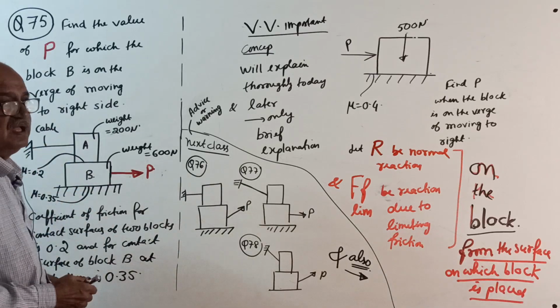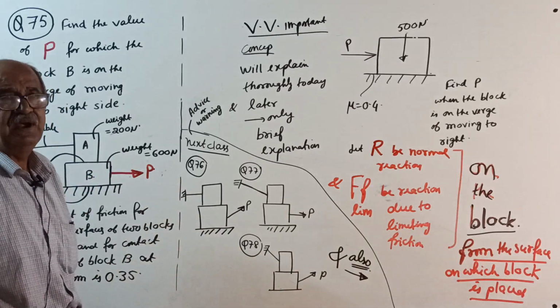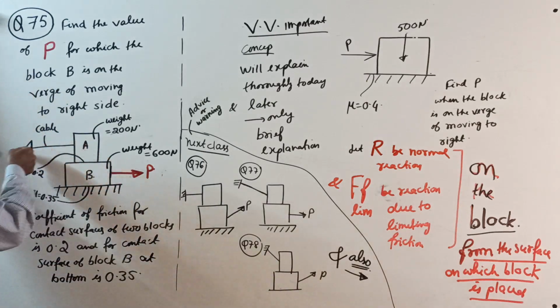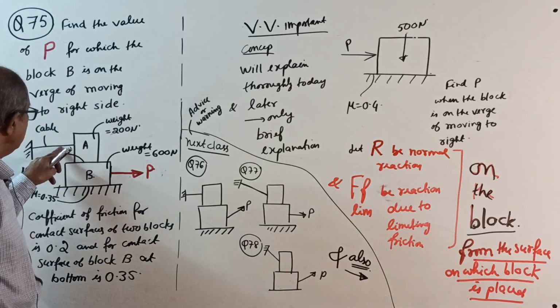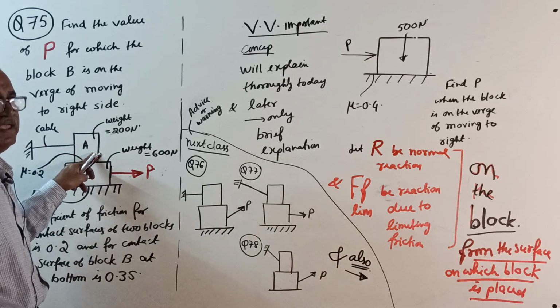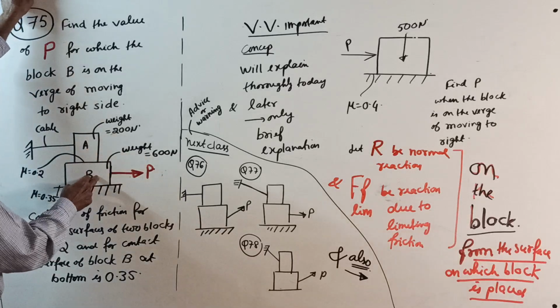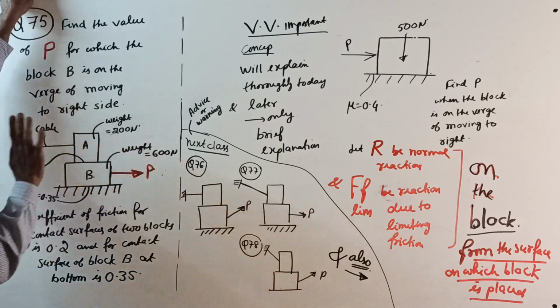Now, the question can also be given in words, but it is difficult to give in words. For block A, a cable is attached. It is fixed here. It is very important. If the cable is not there, then block A, you don't have to consider separately, its weight will add up, and for block B the weight will become 800 newtons.